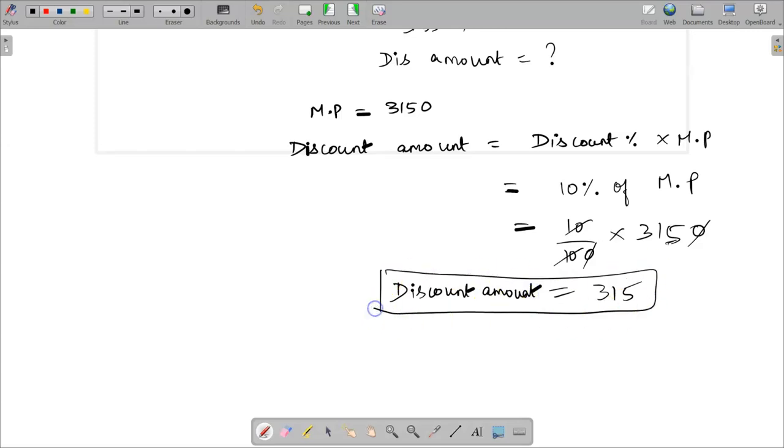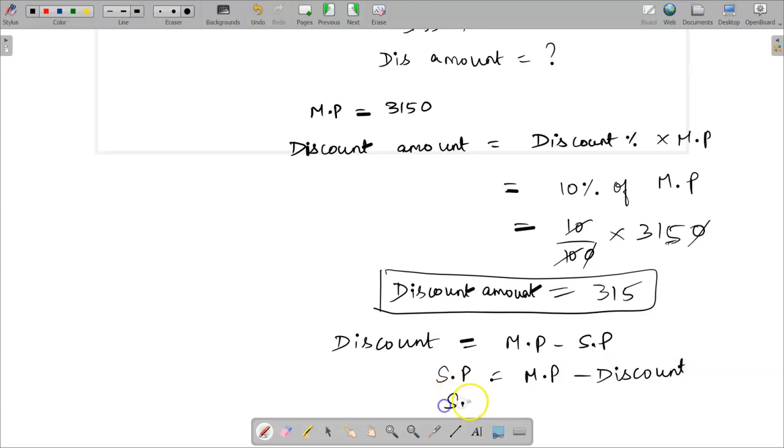Okay, so now we need to find out the sale price. So we know that discount is given by marked price minus sale price. So sale price is given by marked price. Okay, so take this to the left hand side, it becomes plus. Take this to the right hand side, it becomes minus.